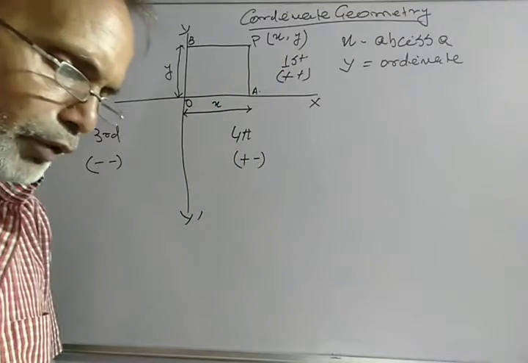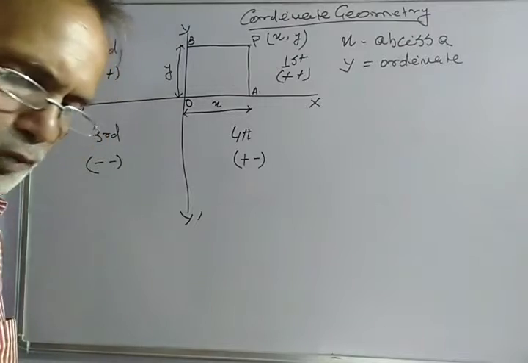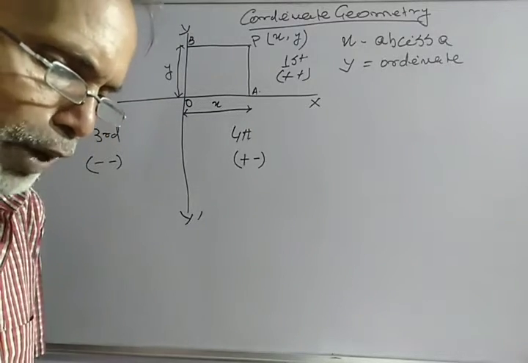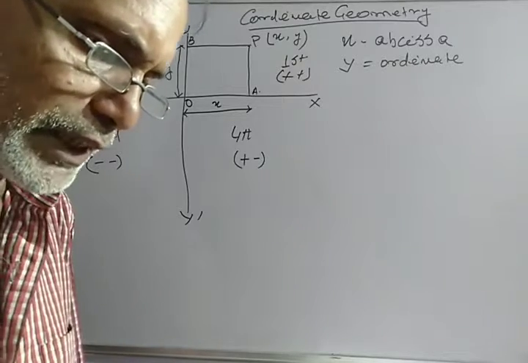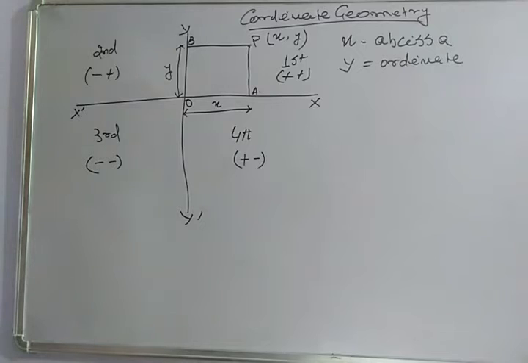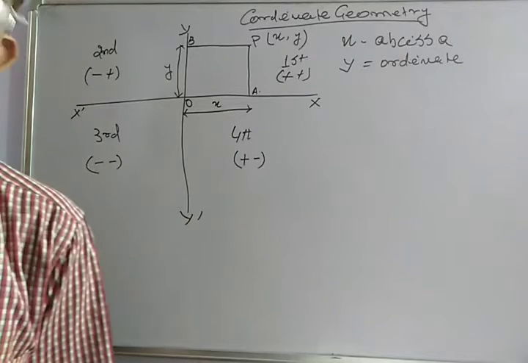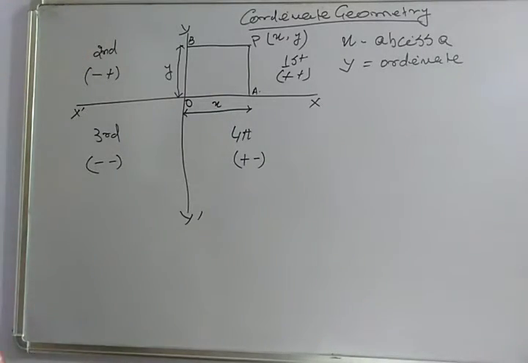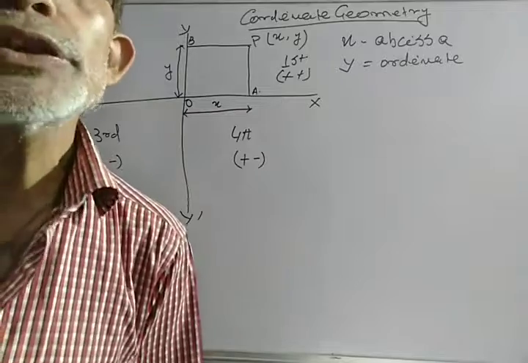Next, remember one thing. Number one, in stating the coordinates of a point, the abscissa precedes the ordinate. The two coordinates are separated by a comma and are enclosed in a bracket. Number two, the coordinates of the origin are always (0, 0).